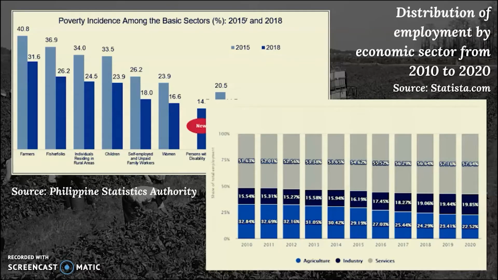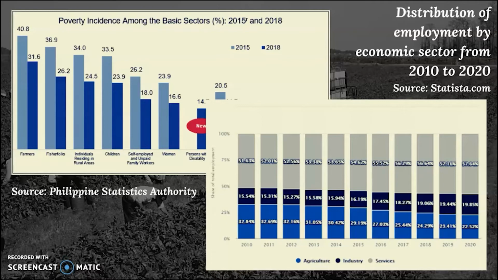However, despite these growth rates, the major concern on agriculture decades ago is still a major concern up until now, as the rates of poverty in the agricultural sector were comparatively higher than the employment rates. For example, in 2015, the poverty incidence was 40.8%, while the employment rate was only 29.19%.